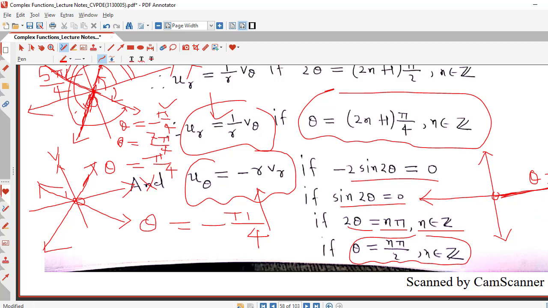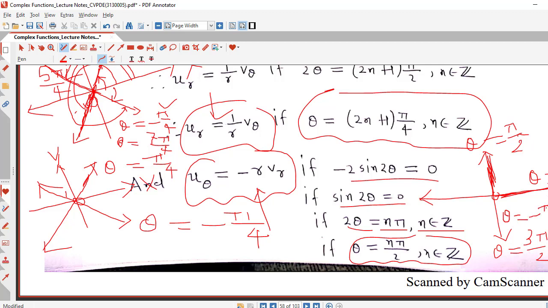Now if I take n equal to 1, I obtain θ equal to π/2. So again this equation is satisfied at every point on the positive y-axis. If I take n equal to 3, I obtain θ equal to 3π/2, and if I take n equal to −1, I obtain θ equal to −π/2.